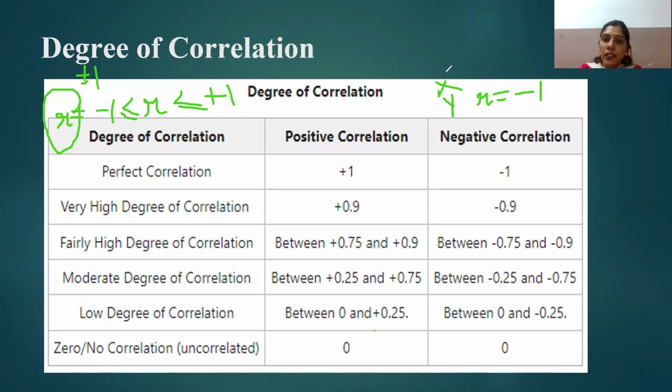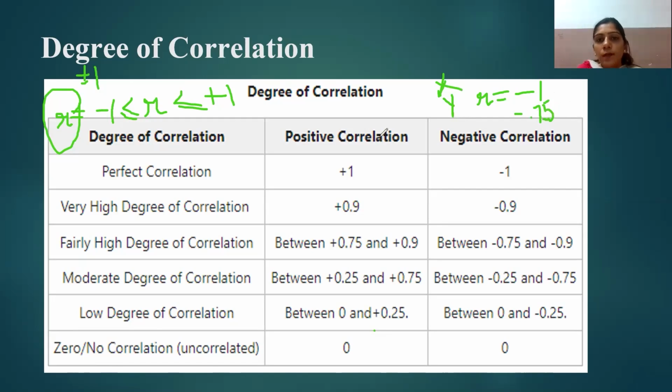When we calculate the coefficient of correlation, the value of r will come close to minus 1, suppose minus 0.75.